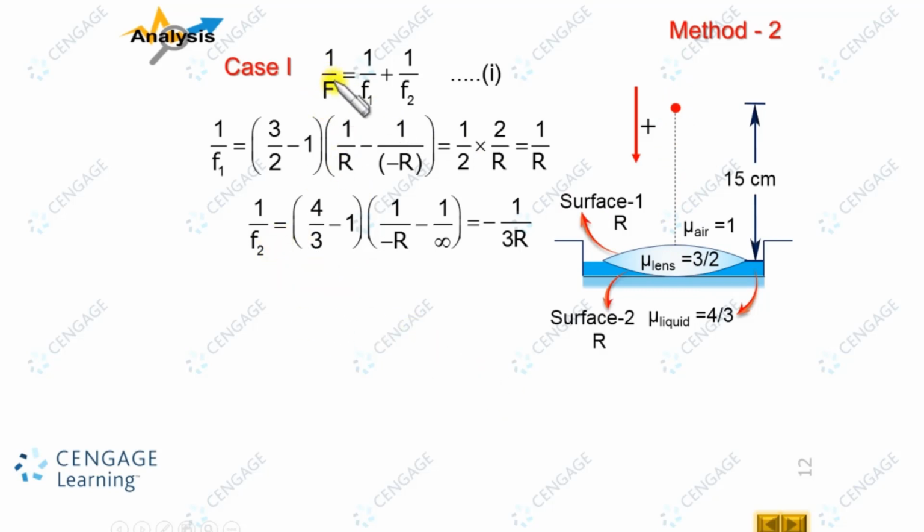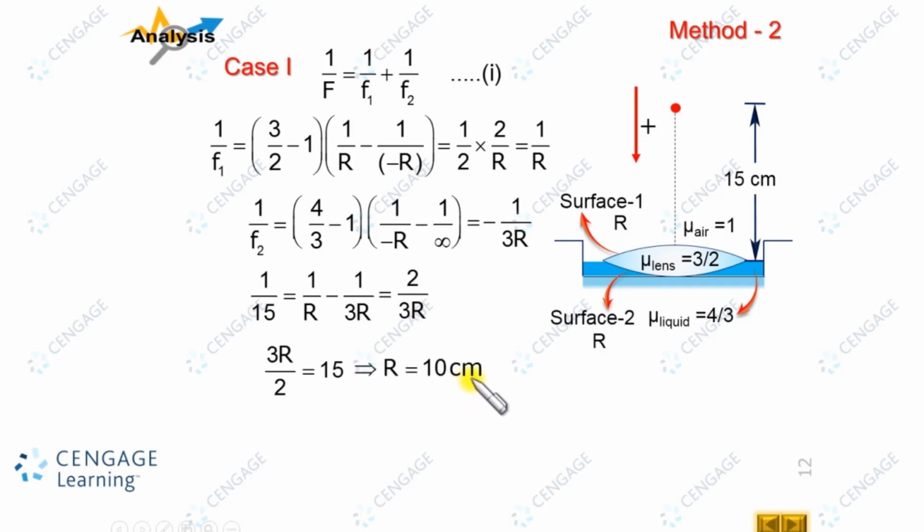So in place of capital F, we substitute 15 centimeter, and in place of 1 upon F1, 1 upon R, and in place of 1 upon F2, minus 1 divided by 3R. From this relation, we can find the value of the radius of curvature. This is R equal to 10 centimeter. So we got the radius of curvature of top and bottom surface.